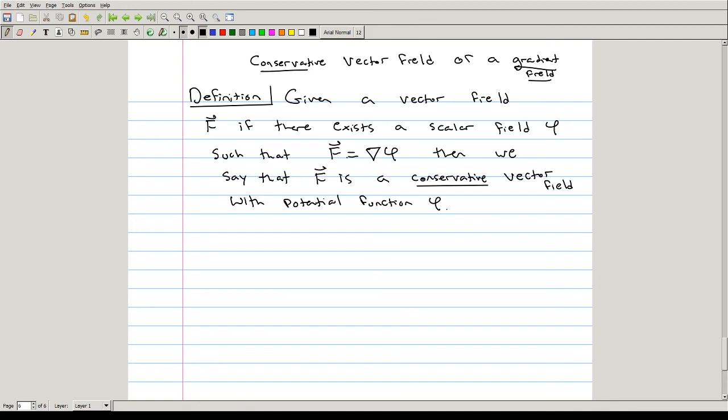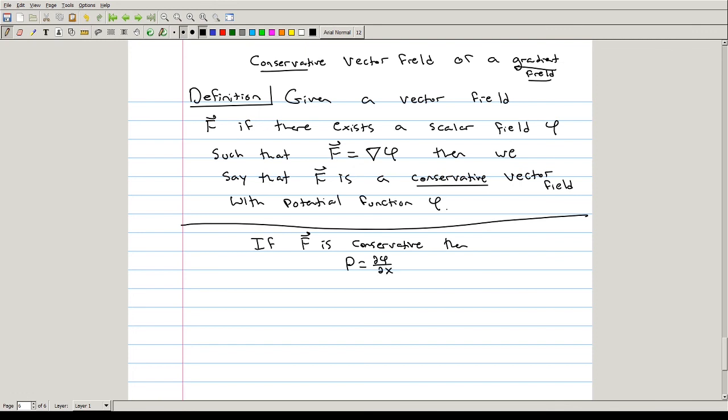So this is saying, in terms of equations, that in Cartesian coordinates, if F is conservative, then the first component of F is given by the x partial derivative of phi for some phi.